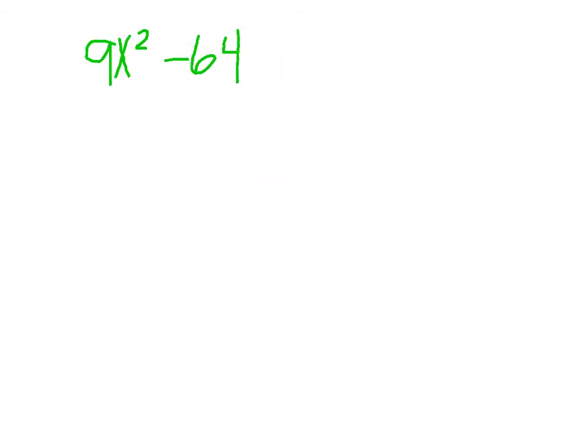Okay, we can use our special patterns on this, so that if you see a quadratic that has no middle term, has a minus for the sign in the middle, and these two are perfect squares. That's the difference between two squares. So we need to take the square root of the first term, and the square root of the first term is 3x.